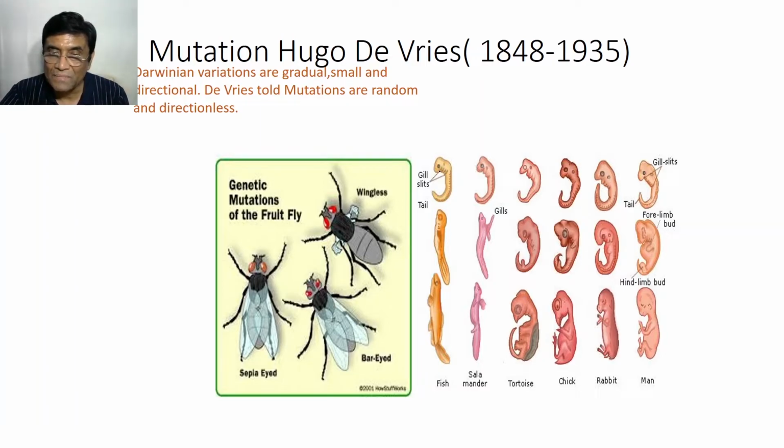But in some phase of their life, maybe 1 month or 2 months old, all are similar, and gradually you see the differences between the species, altogether different, right? So it shows that somewhere down the line mutation took place. That's why maybe fish to salamander came, then from salamander tortoise came, and they are distinctly different, but they are not forgetting their past. So that is the concept of ontogeny repeats phylogeny.